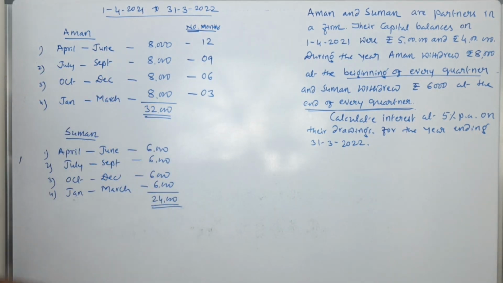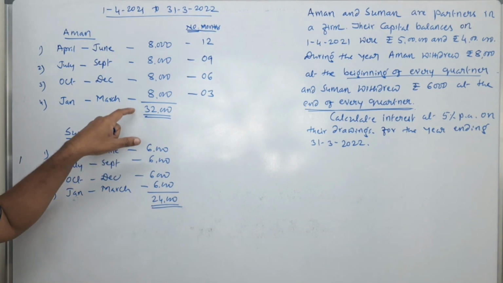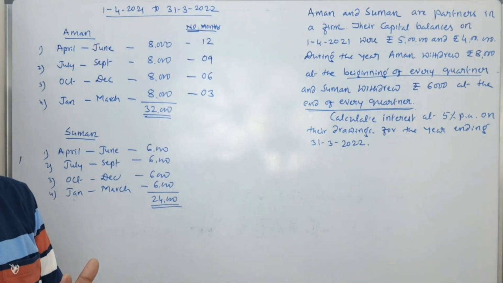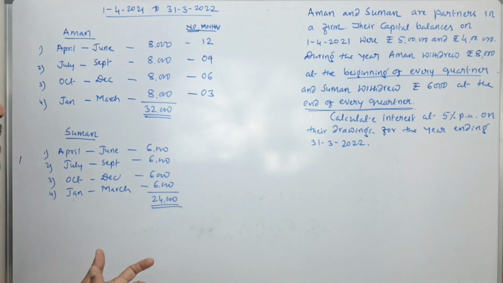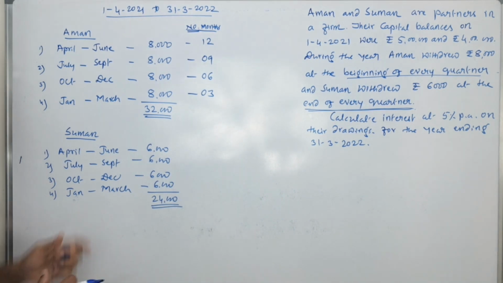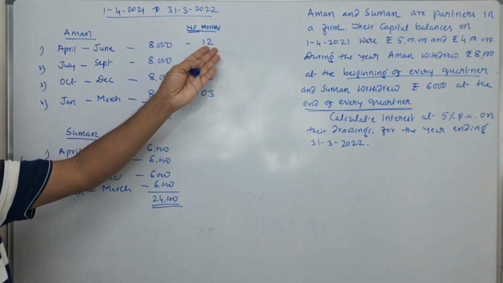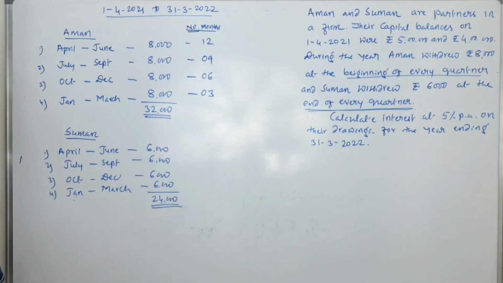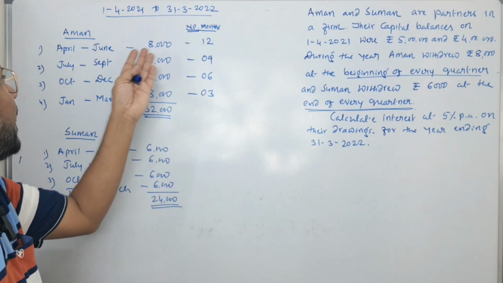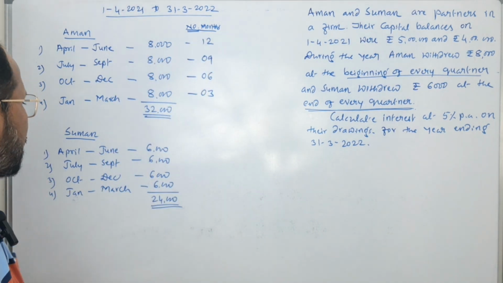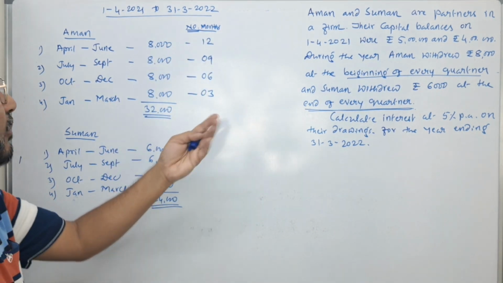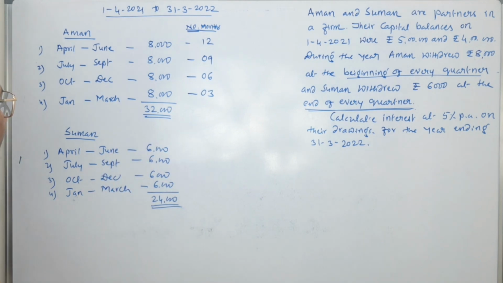But here what we are going to do is calculate interest on his total drawings by following the shortcut method. No need to calculate interest on each and every individual drawing. Better we can follow the shortcut method and calculate the interest on drawings.